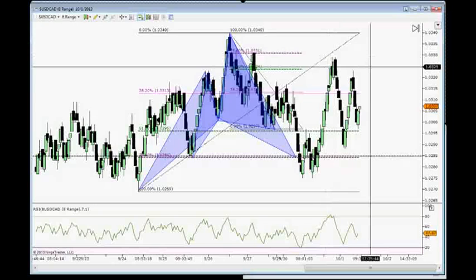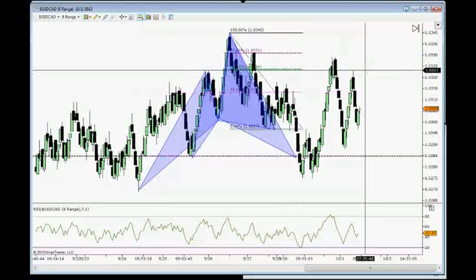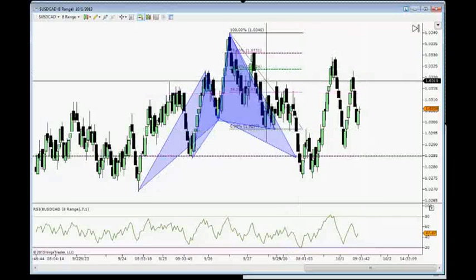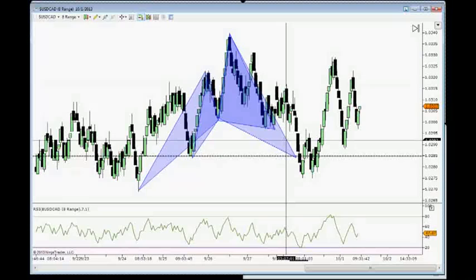How long do you wait for the pattern to complete? As long as you have to, until the pattern is invalidated. And I'm talking specifically about patterns right now, guys, and I know that we haven't covered Fibonacci yet, and I know we haven't really talked about patterns in here, but I want to show you so that when we're trading this in real time, you have an idea of what we're doing here.